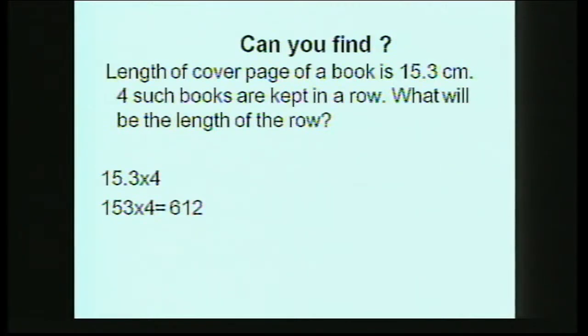Now there is one digit after the decimal, therefore in the product also, counting from the right, you put one decimal point. That means after the 2, you put one decimal from the right, moving to the left side. That means 15.3 into 4 is equal to 61.2.